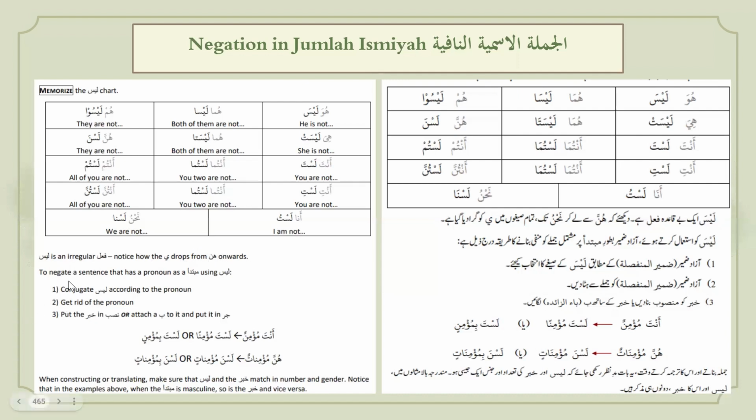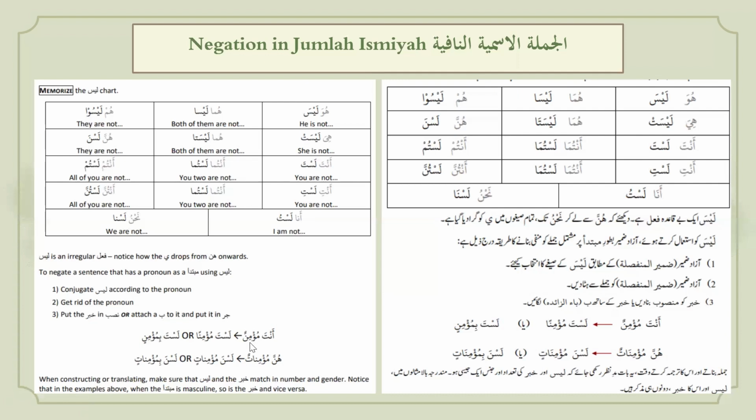And to negate a sentence that has a pronoun as a mubtada using Laisa, conjugate Laisa according to the pronoun and get rid of the pronoun. Put the khabar in nasb, or attach a ba to it and put it in jar status. So if the sentence is anta mu'minun, you take the conjugation form of anta, which is lasta.